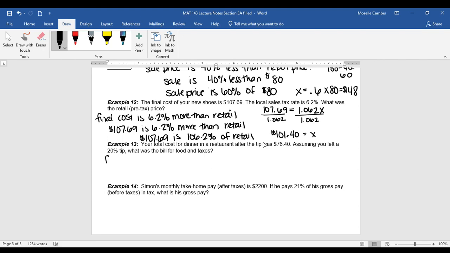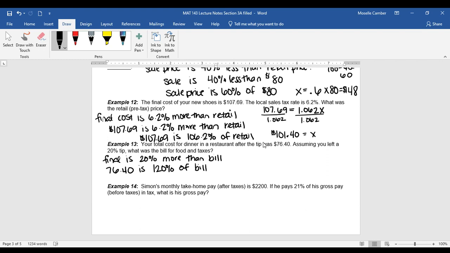So we know our final bill is going to be 20% with the tip more than the bill. Our final was $76.40. More than, we're increasing, so it's going to be 120% of the bill.